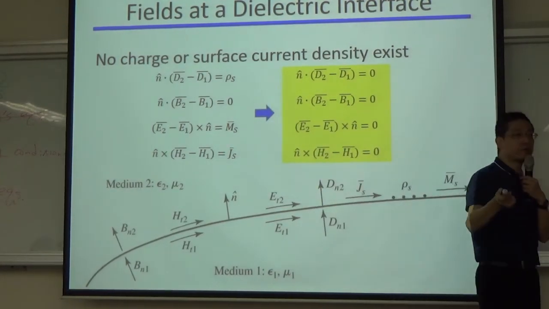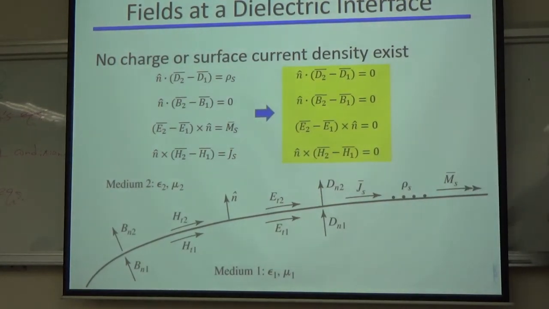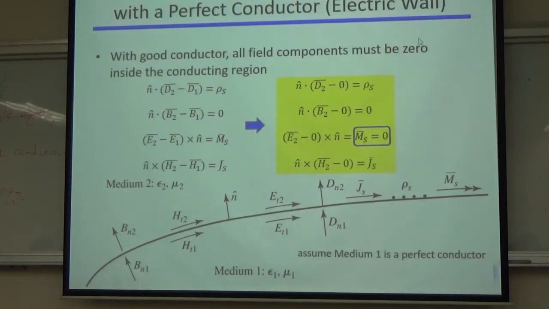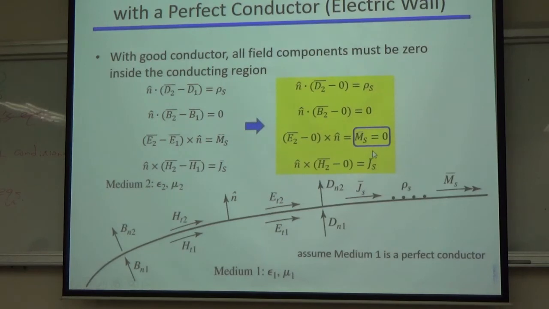There are 2 different cases as shown in the textbook. If there is a perfect conductor, we call it the electric wall, which means there is no magnetic source. Then you have only the current source. You will make the third equation equal to 1 only, and also obey these two equations.